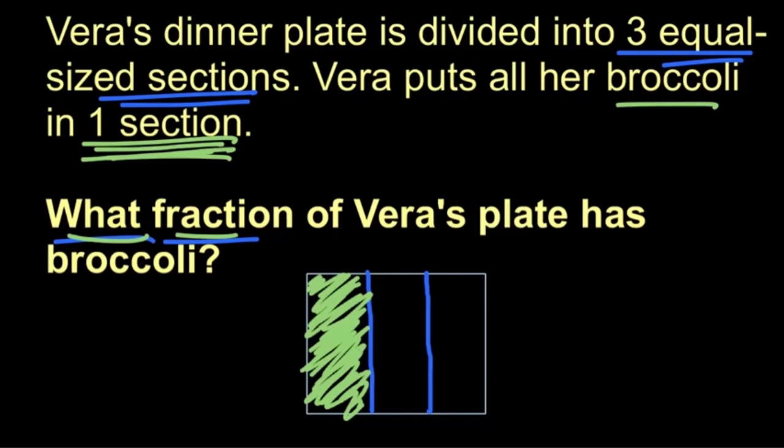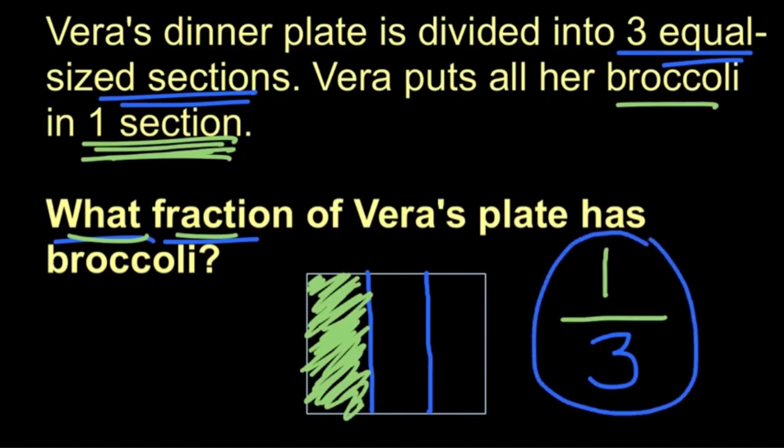Well, our fraction is going to have a numerator. On top will be how many sections have broccoli, which is 1. And then our denominator will be out of the total number of equal sections. And we know there are 3 equal size sections. So 1/3, or 1 of the 3 sections, has broccoli.